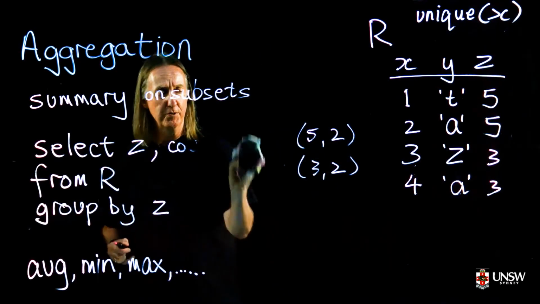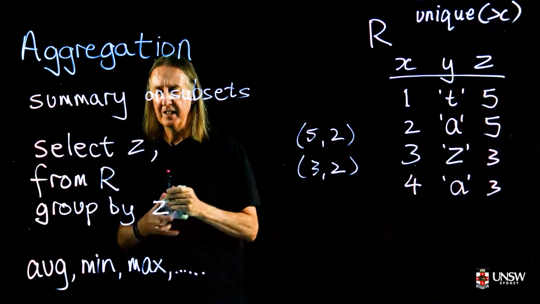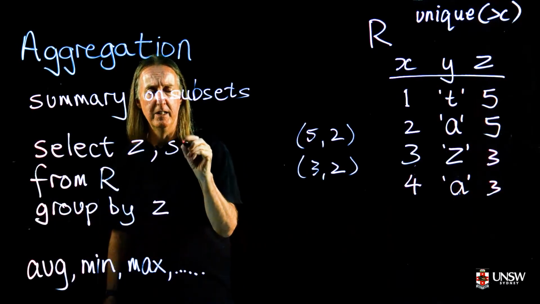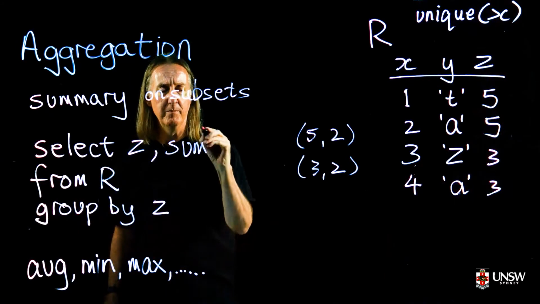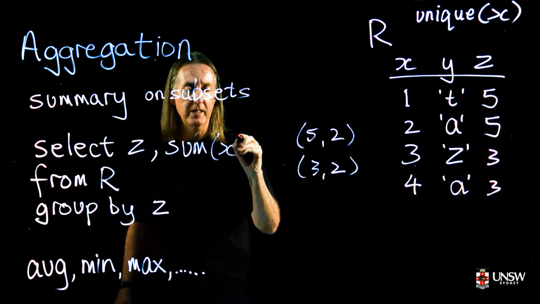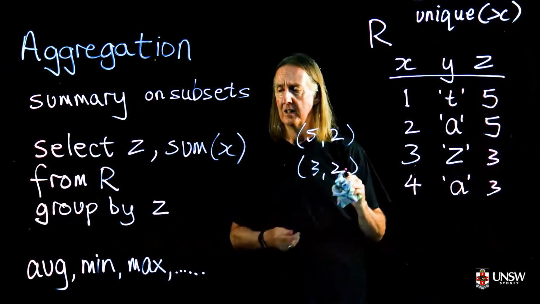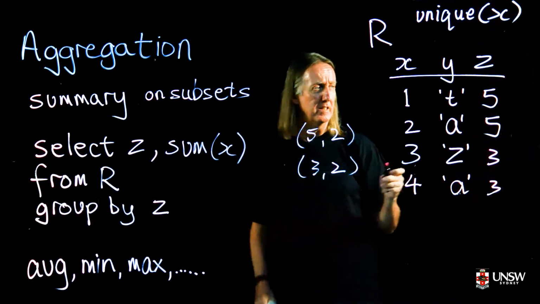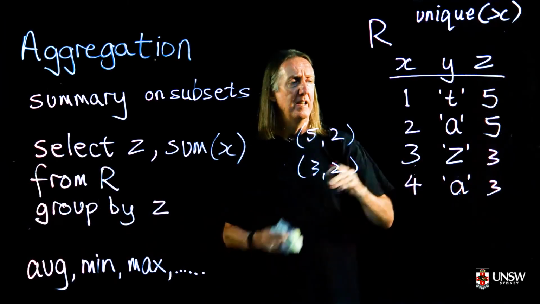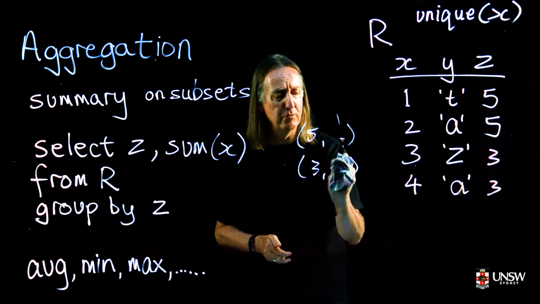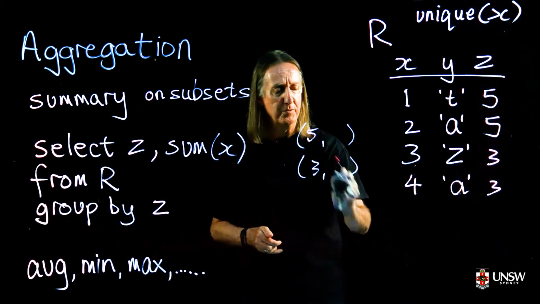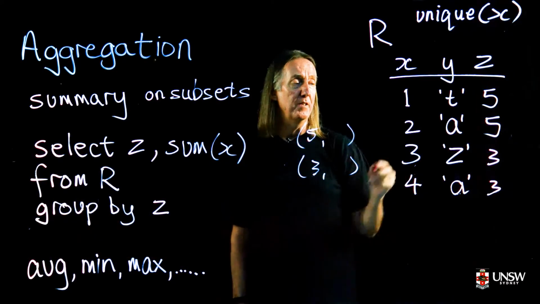We could do a different aggregation based on the group and ask for the sum of all the X values in the group. So the group containing Z value 5 has two tuples with X values 1 and 2.